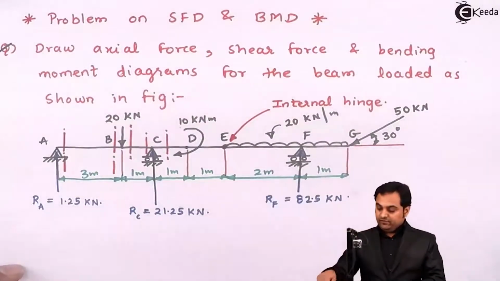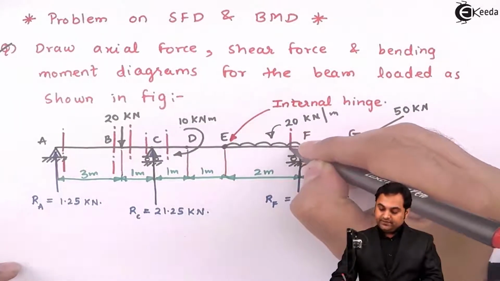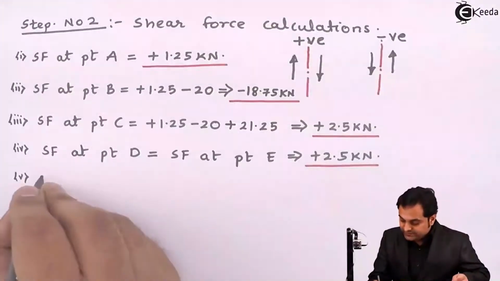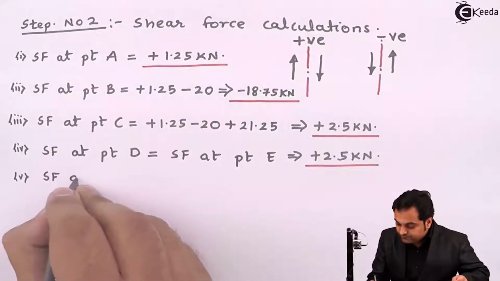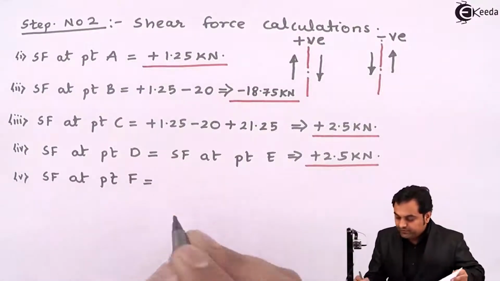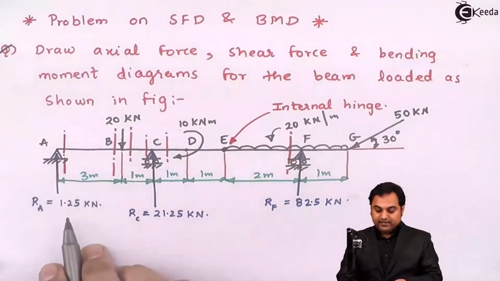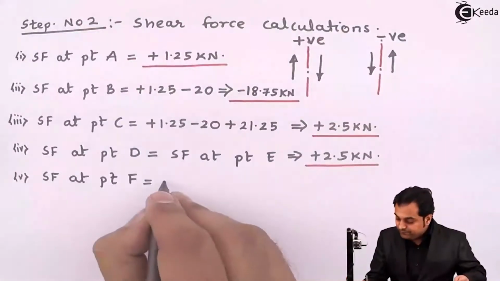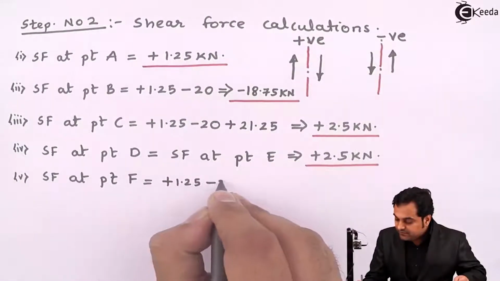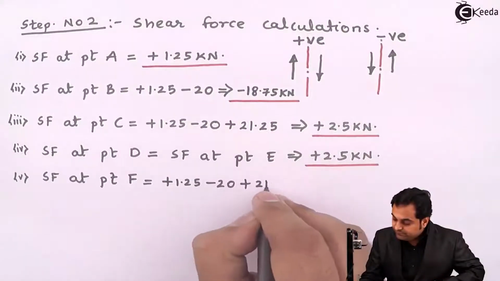Then at point F, I'll get two values of shear force. First, by taking the section on the left of point F. So SF at point F will be equal to, here we have the value RA 1.25, which is plus, then minus 20 plus 21.25.